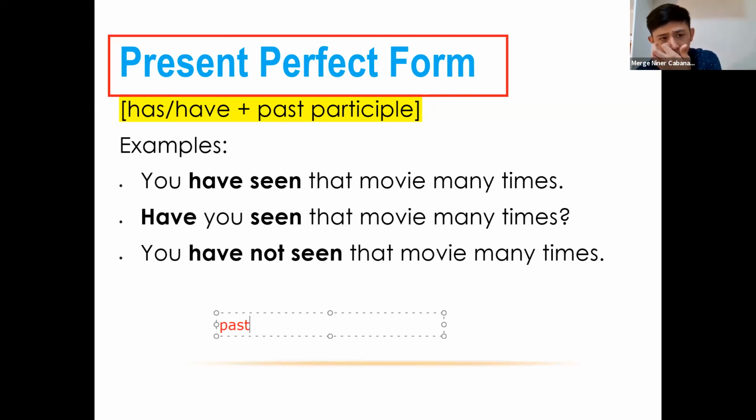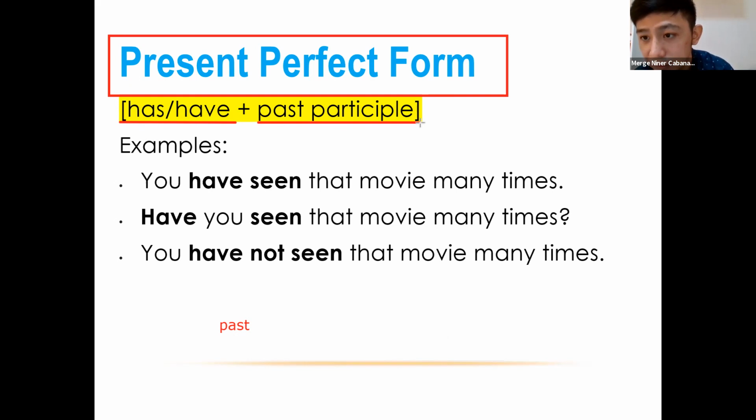So sir, if I will be using the present perfect form of the verb, I need to have this formula, all right? And your formula is has, have, plus your past participle.